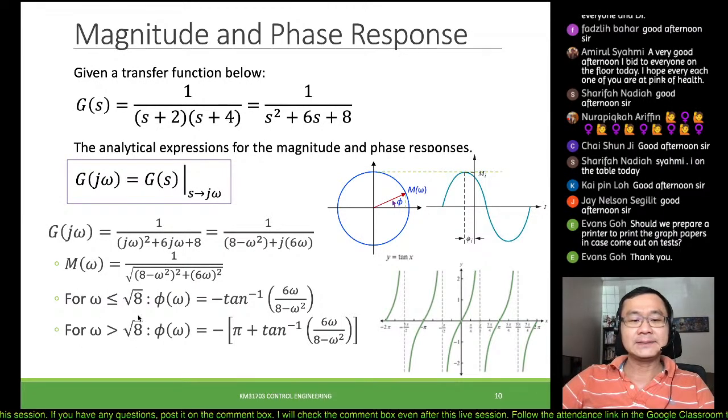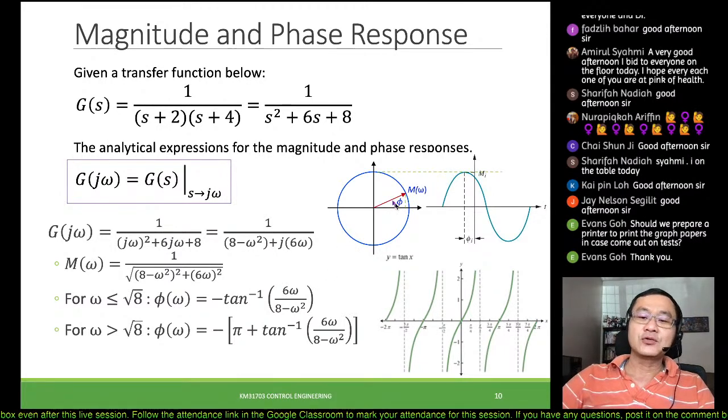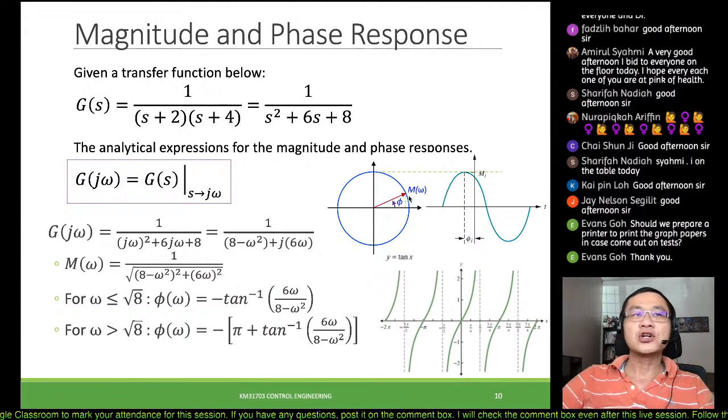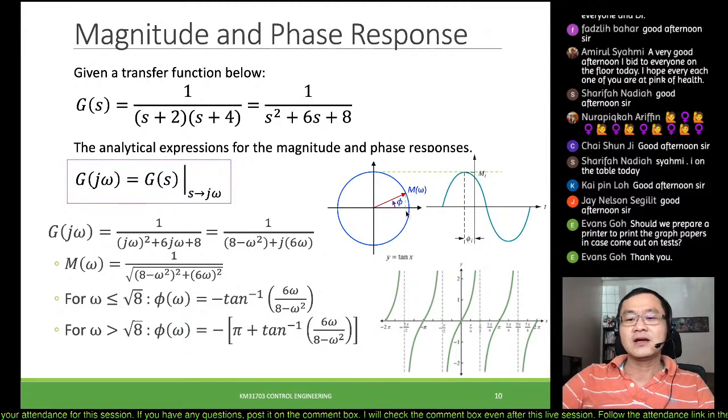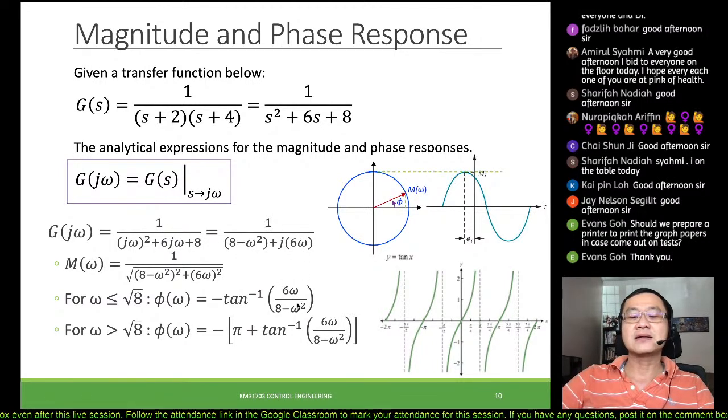Whereas for the phasor angle itself, it depends on this angle, which can be obtained using a trigonometric relation, which is the opposite side divided by the adjacent side. The opposite side is the imaginary value, 6 omega, divided by the real axis side, which is 8 minus omega squared.